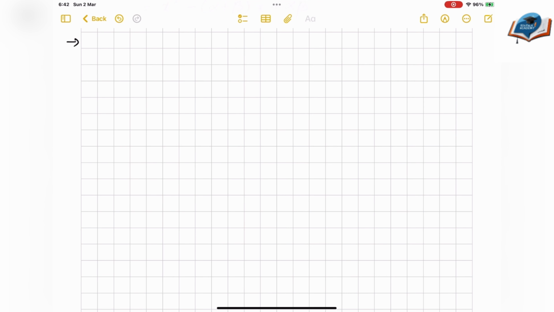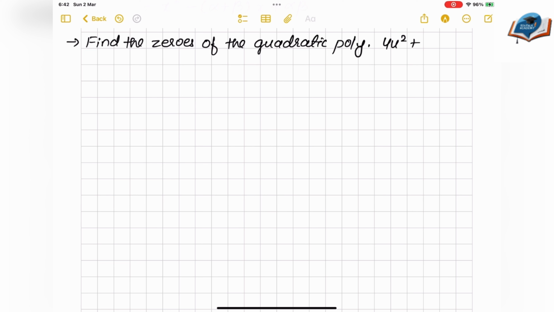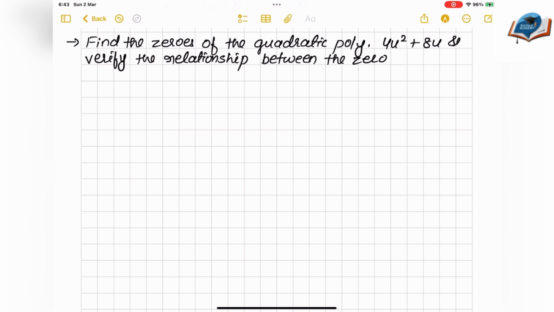Now let us do an example based on this. Find the zeros of the quadratic equation or quadratic polynomial 4u square plus 8u and verify the relationship between the zeros and the coefficients.